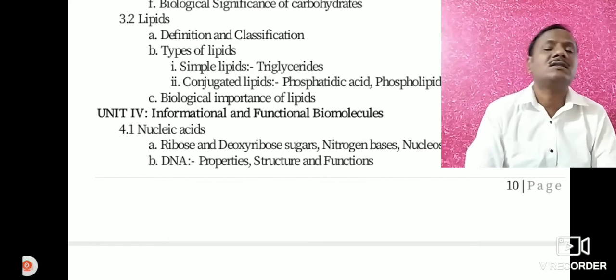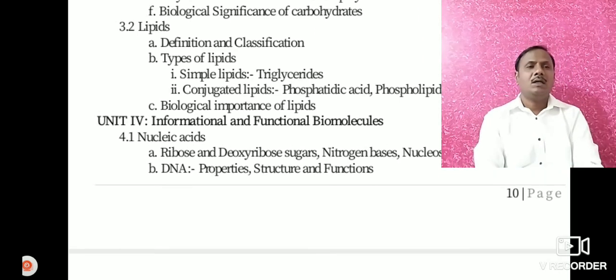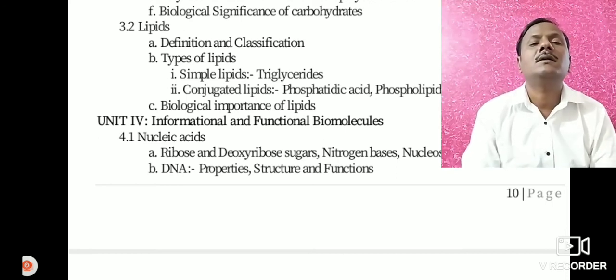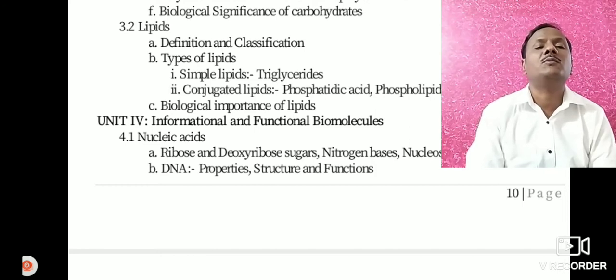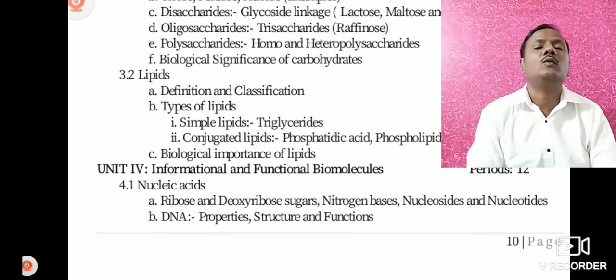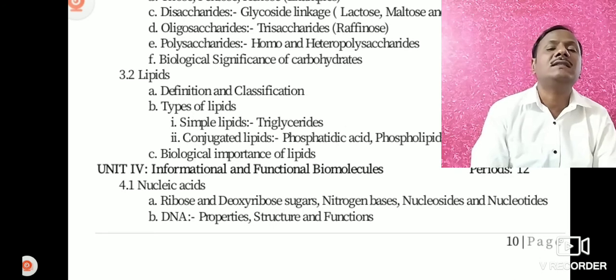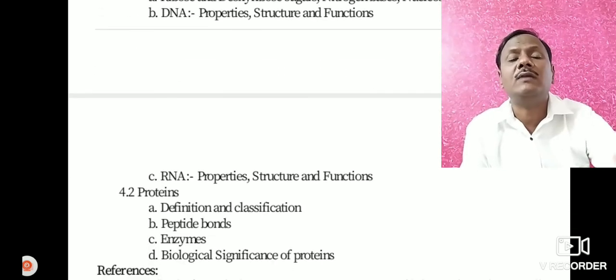And the last unit of this paper number 3 is informational and functional biomolecules. One is the nucleic acids. Under that we will see ribose and deoxyribose sugars, nitrogen bases, and nucleosides and nucleotides.